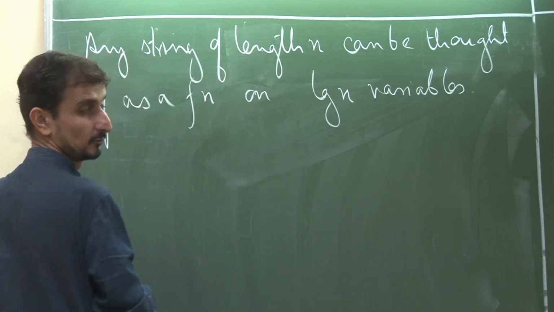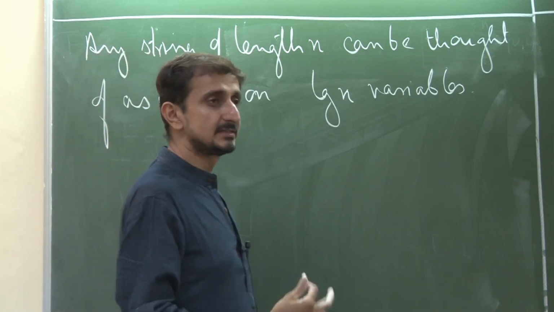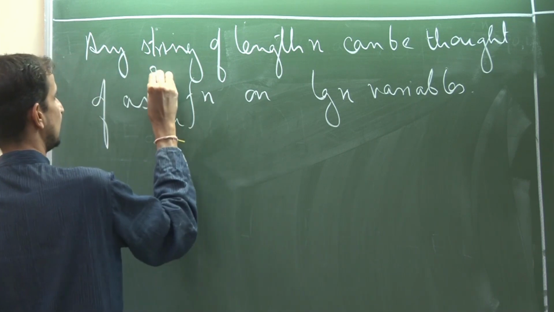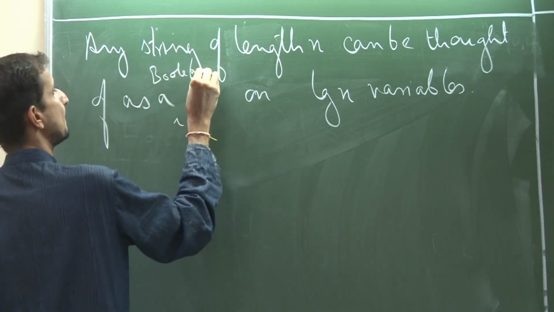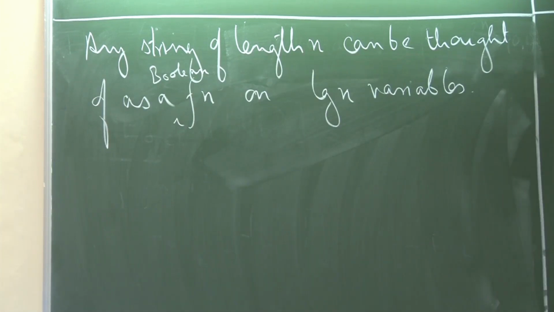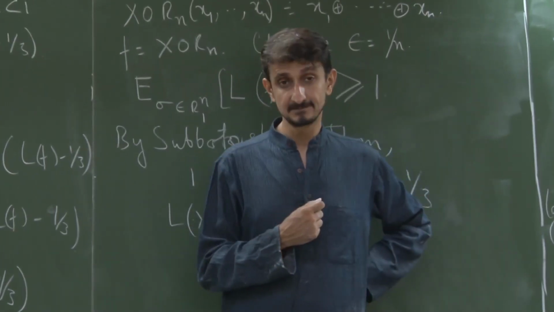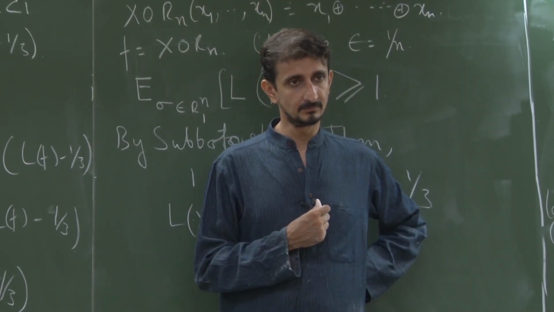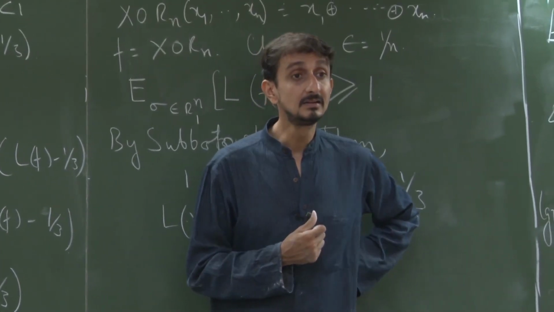Assume n is a power of 2 here, it's okay. It can be thought of as a Boolean function, not just a function, on log n variables. How do you think of a string as a function? How do you think?